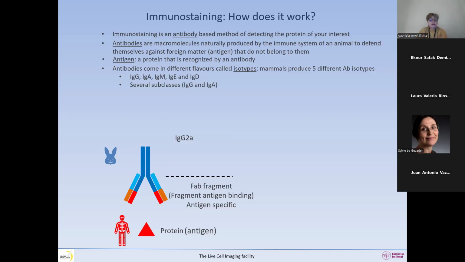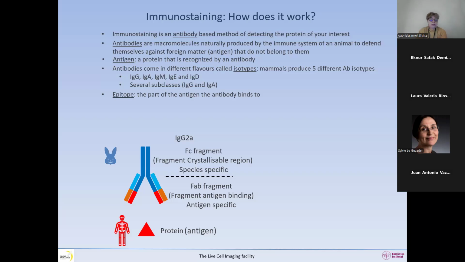The part of the antibody that is antigen specific is called the FAB fragment, which stands for fragment antigen binding, and it will recognize the epitope, the part of the antigen to which the antibody binds. The FC fragment is species specific. It tells the rabbit that it produced this antibody. The FC stands for fragment crystallizable region.